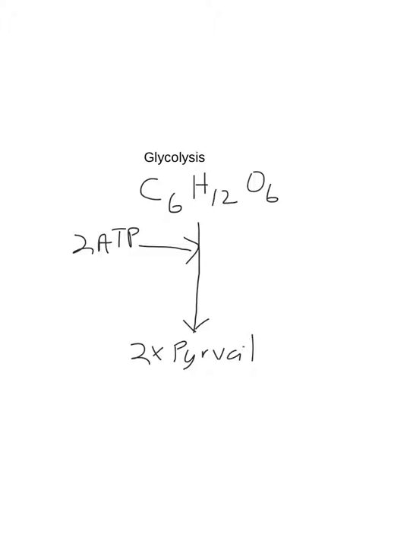Now, the pyruvate molecules, like we explained, are not exactly half of a glucose. Each of these is composed of 3 carbons, 5 hydrogens, and 3 oxygens. We're missing, and there's 2 of these, we're missing 2 hydrogens, 1 from each molecule.